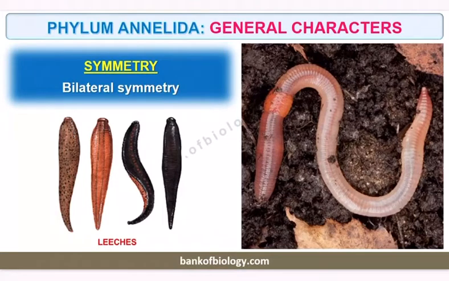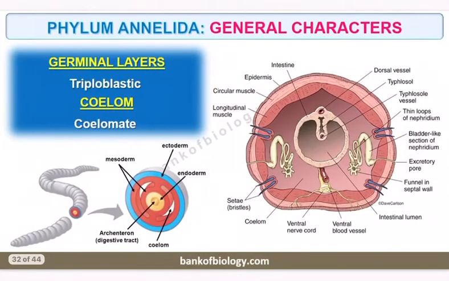So what are the characteristic features of this? The grade level is organ system. That means systems have come: digestive system, respiratory system, circulatory system, like that. Symmetry is bilateral symmetry. Vertically we can cut open the animal from top to bottom and get two equal halves.